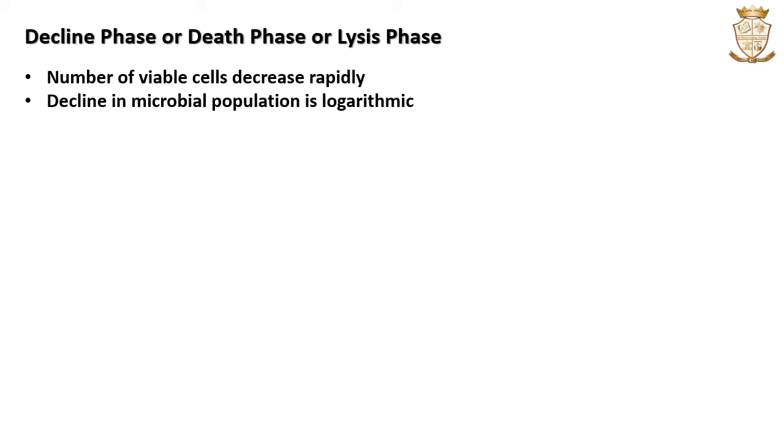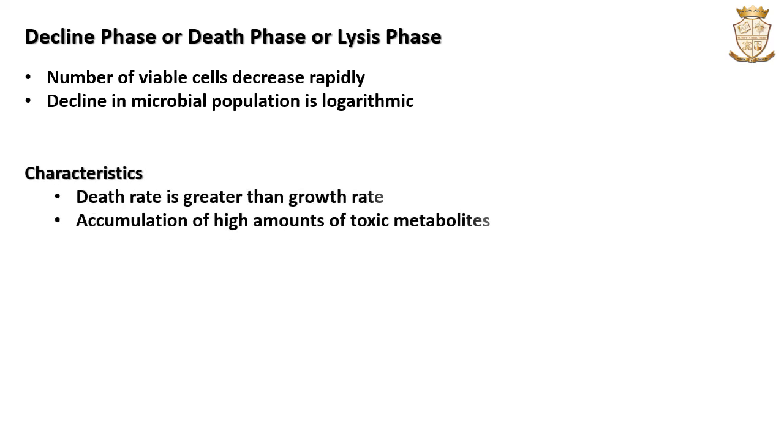That is, a constant proportion of cells die every hour. This decline in microbial population is due to the detrimental environmental changes happening in the culture medium, such as nutrient deprivation, buildup of toxic waste, etc. As a result, the viable cells will not grow or multiply, and many of them start to die, and the number of viable cells decreases rapidly.